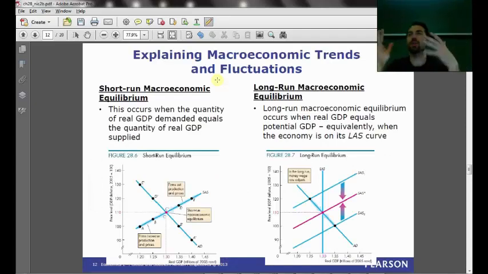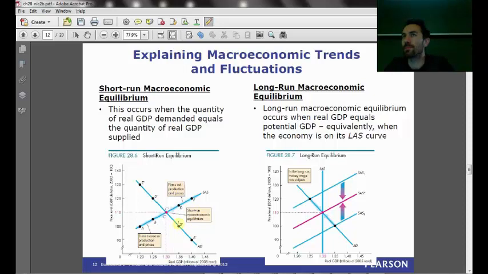So now we can bring our short-run aggregate demand and our short-run aggregate supply together. Okay? And where those two curves intersect, we have the short-run equilibrium, where the aggregate demand curve and the short-run aggregate supply curve intersect. Short-run equilibrium.